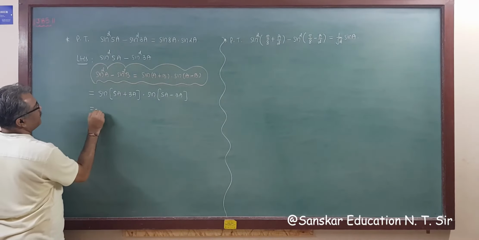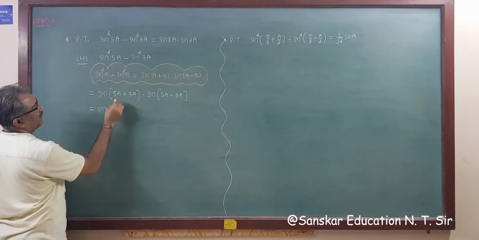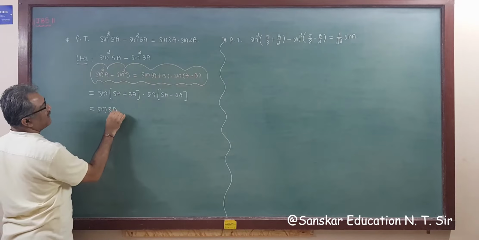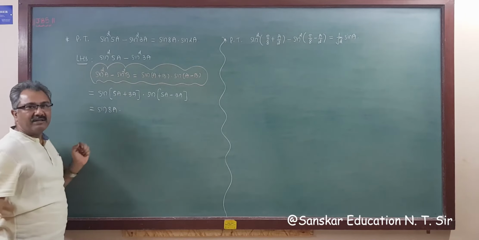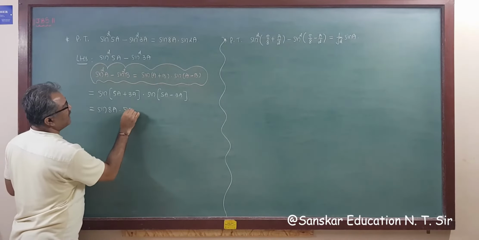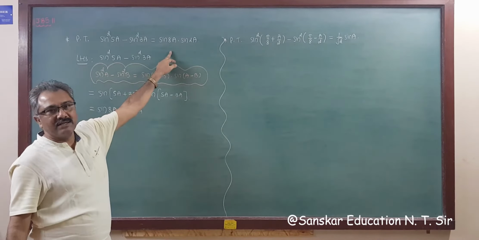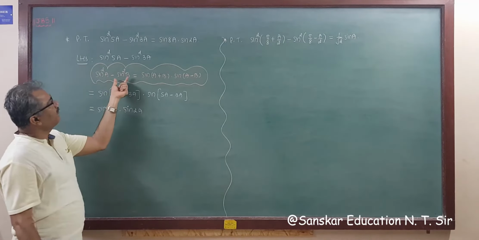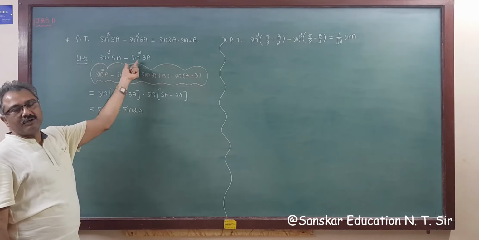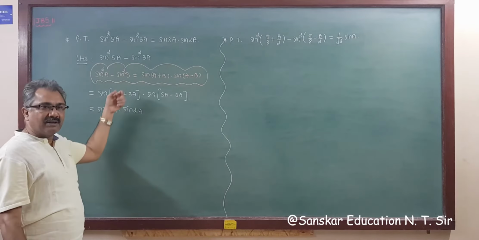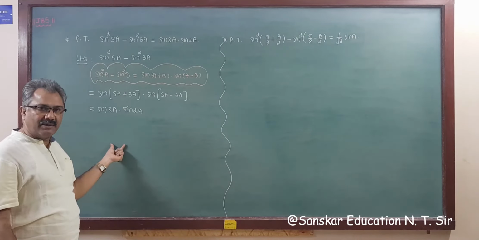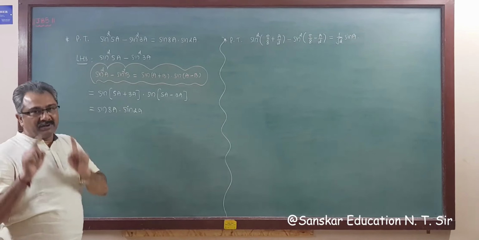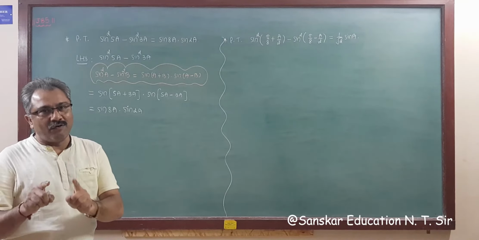So this will be sin of 5 plus 3, 8a, and sin of 5 minus 3, that is 2, so sin 2a, and this is your right hand side. Easy, right? So what we did, we applied a simple formula. If you know the formulas, everything is very easy in trigonometry. So memorize, remember all formulas.